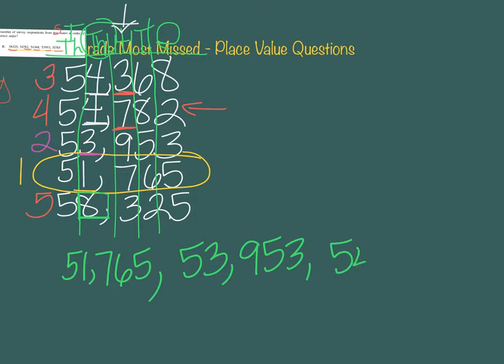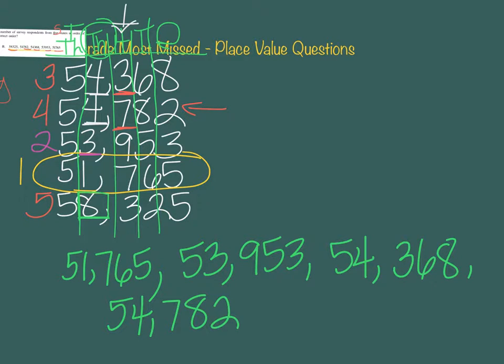Good. 54,368. Good. Next. 54,782. Good. And finally, 58,325. Excellent. Now that we've done that, we've rewritten it.